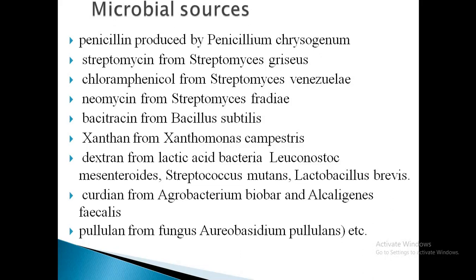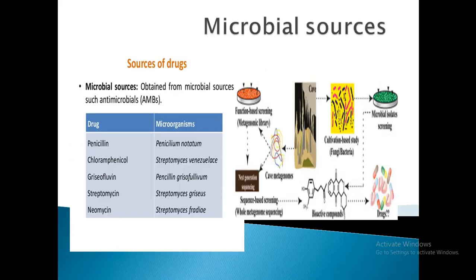Neomycin from Streptomyces fradiae, bacitracin from Bacillus subtilis, xanthan from Xanthomonas campestris, dextran from lactic acid bacteria, Leuconostoc mesenteroides, Streptococcus mutans, Lactobacillus brevis, and curdlan is prepared from Agrobacterium biobar and Alcaligenes faecalis, and pullulan is prepared from the fungus Aureobasidium pullulans. So these are all the various drugs prepared from the microbial sources. And this is an image showing the microbial preparation of medicines used for treating many disorders.